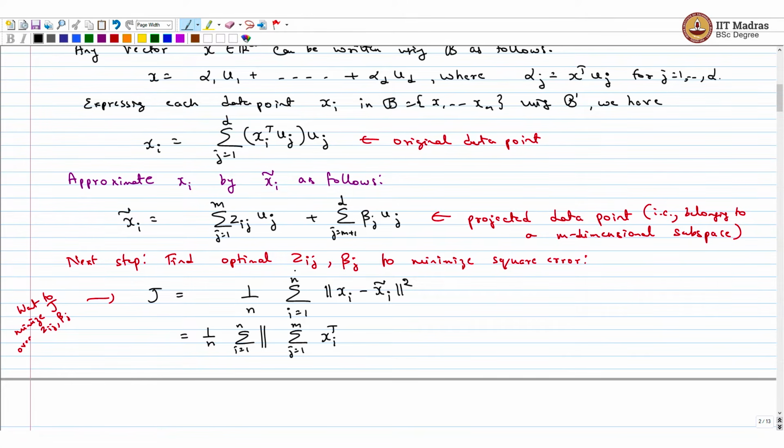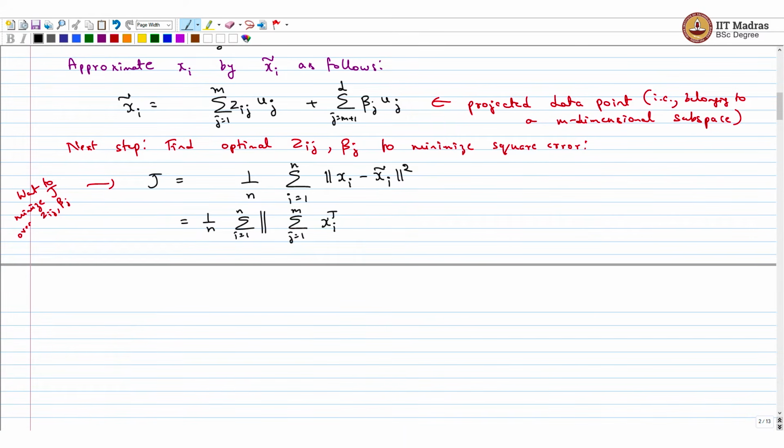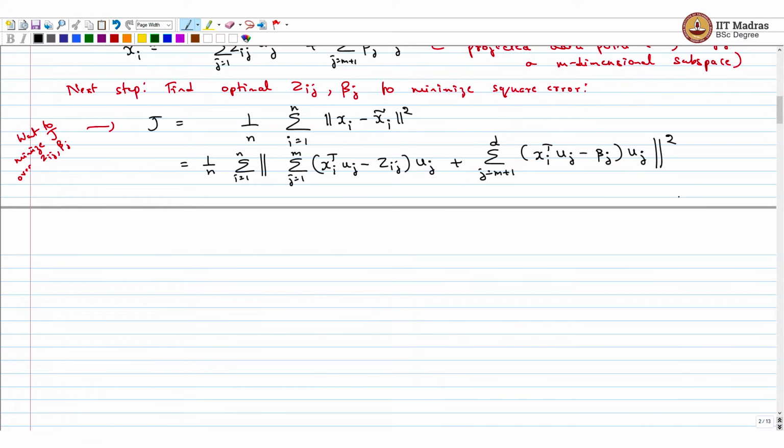So we just have to take the difference of xi and xi tilde, and so this is xi transpose uj minus zij into uj. So this is the first term, plus j equals m plus 1 to d, again xi transpose uj, but this time we have a beta j into uj. Now this is what you have in the norm.